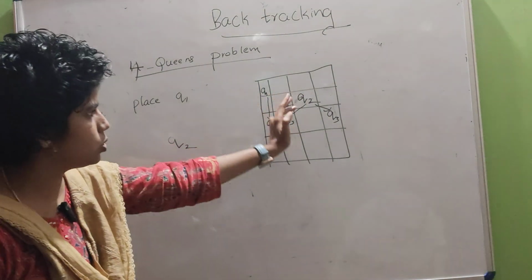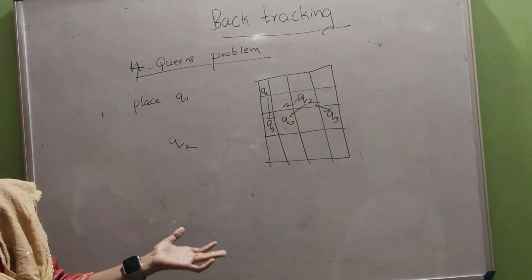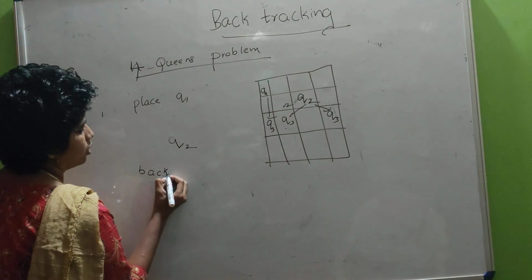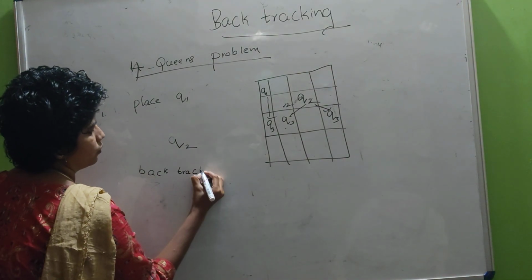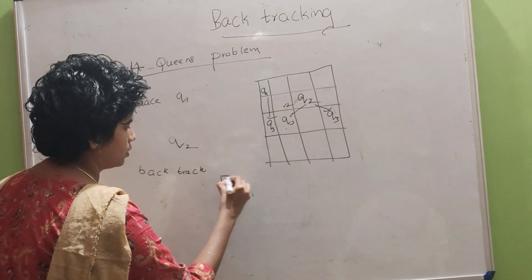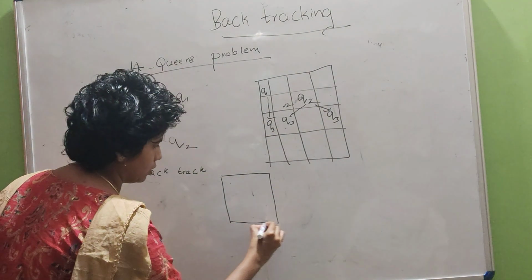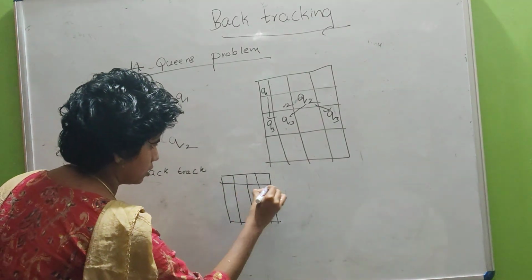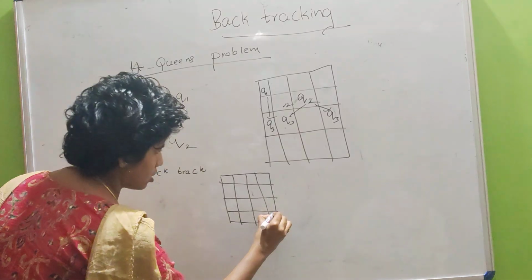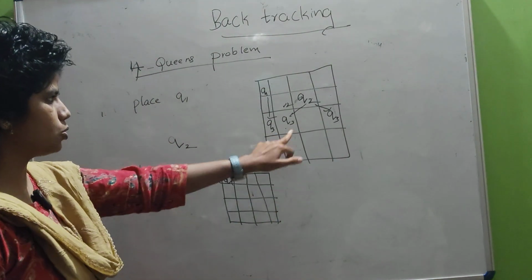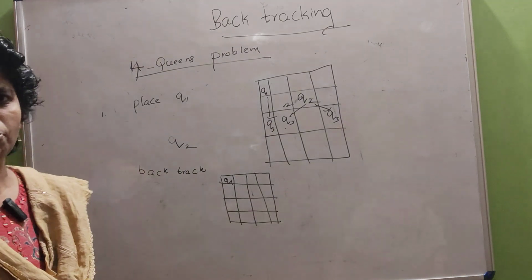Since from Q2 we are not getting the exact possibility, we will backtrack and check other possibilities of Q2. Q1 you are placing here. Now we are backtracking to Q2 since Q3 is not placed correctly.